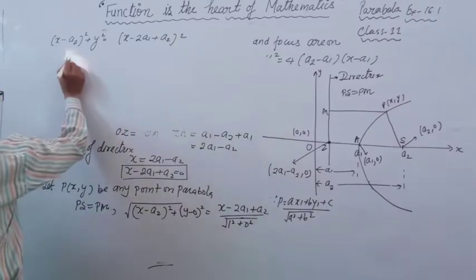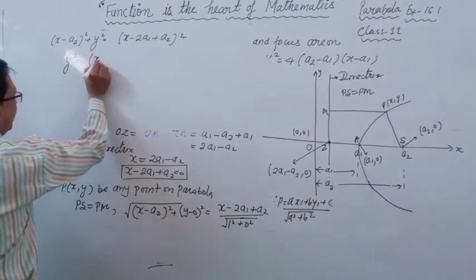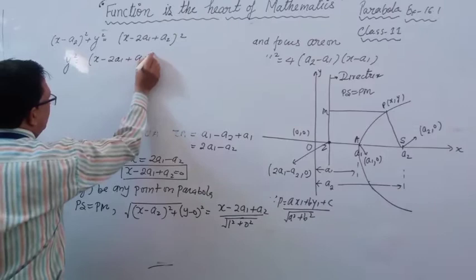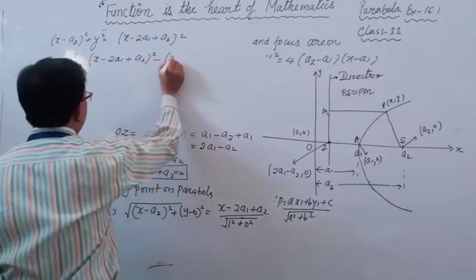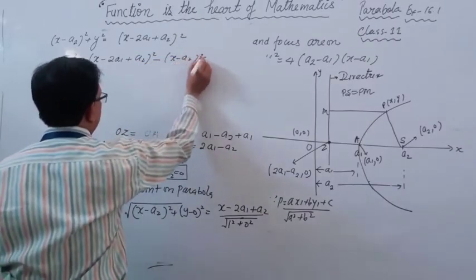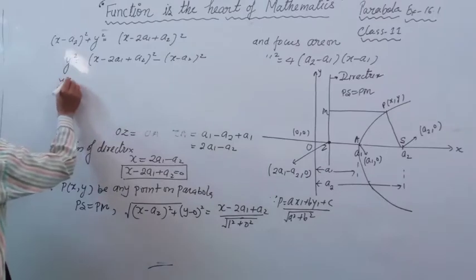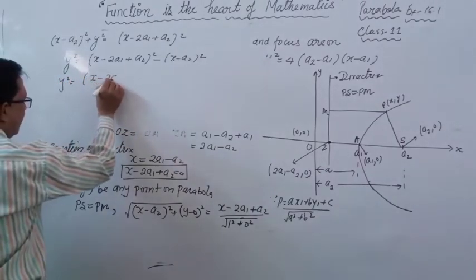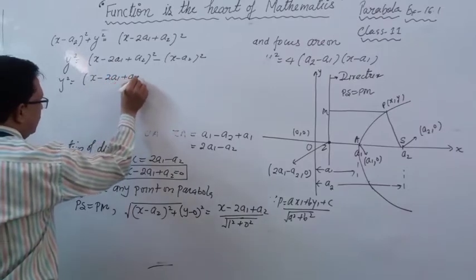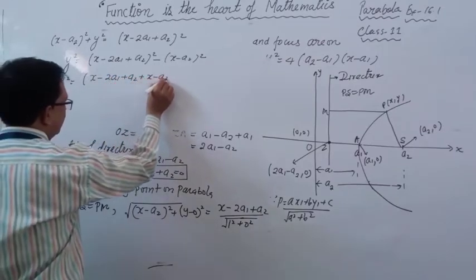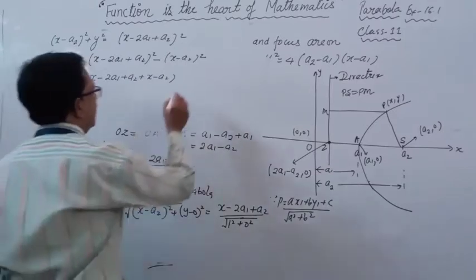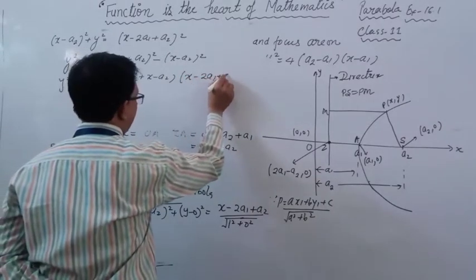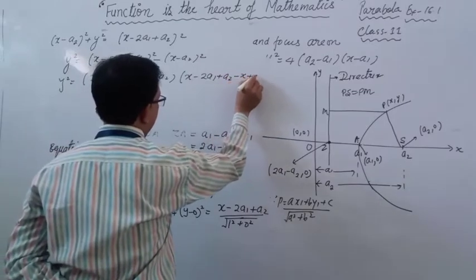So y square is equal to (x minus 2a1 plus a2) whole square minus (x minus a2) whole square. Now here we apply the formula a square minus b square. We write (x minus 2a1 plus a2 plus x minus a2) times (x minus 2a1 plus a2 minus x plus a2).